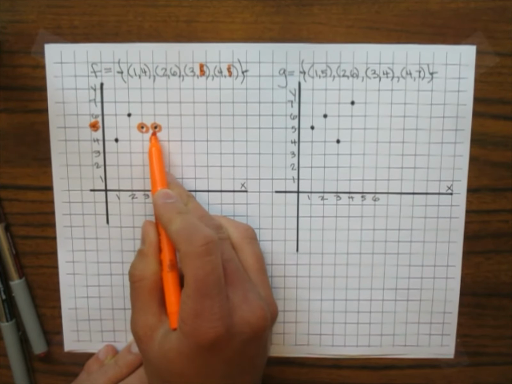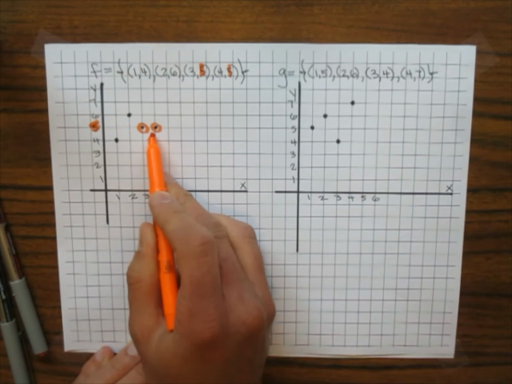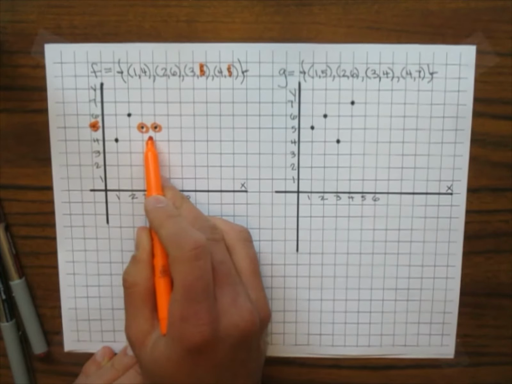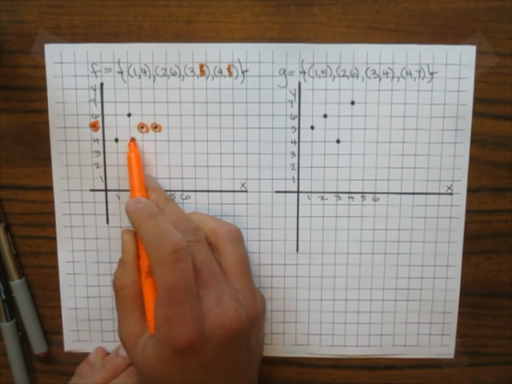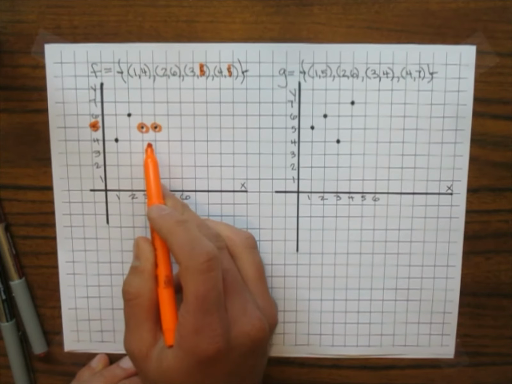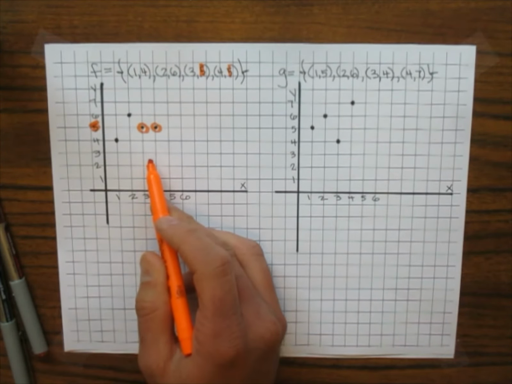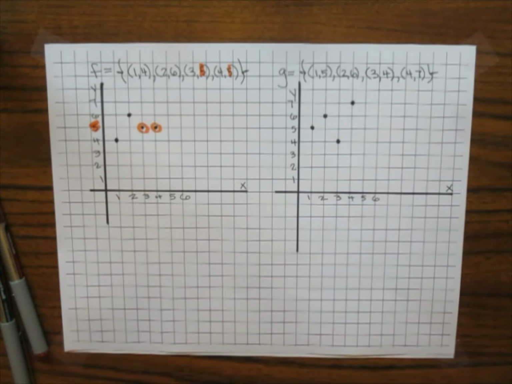So we can tell if a picture is going to be one-to-one or if a function is going to be one-to-one by seeing if it passes something called the horizontal line test. And the horizontal line test works like the vertical line test.